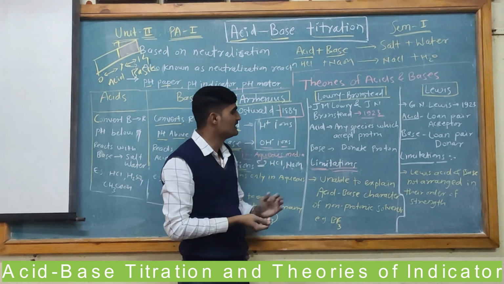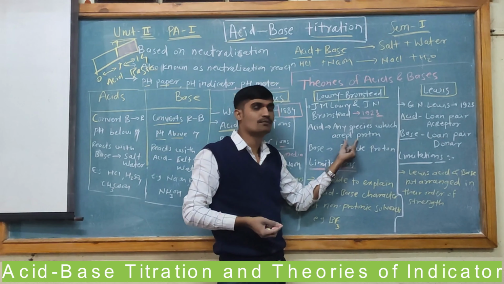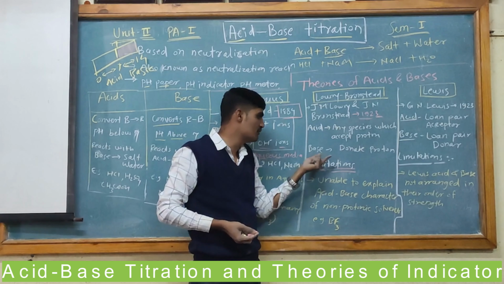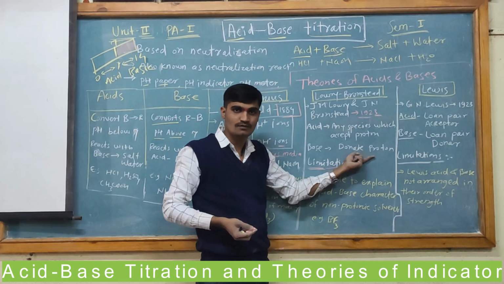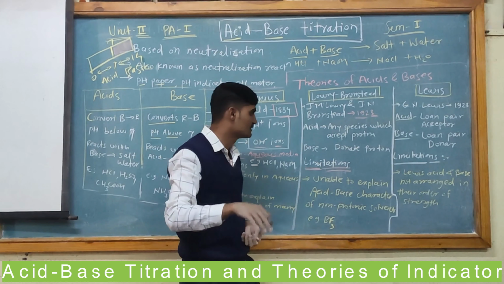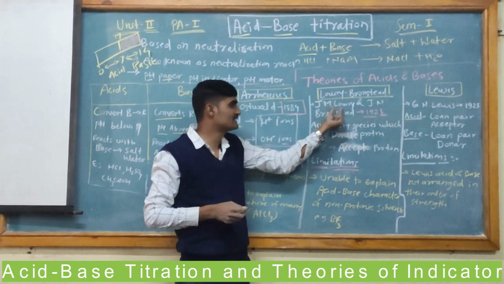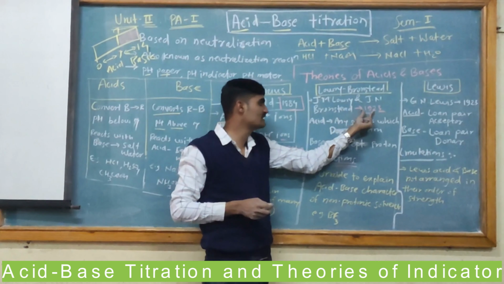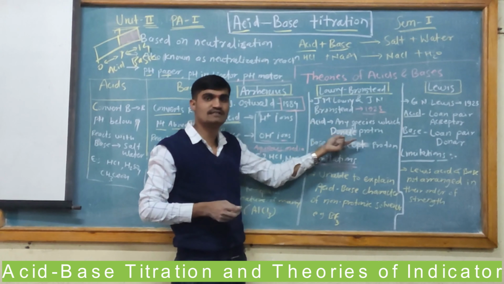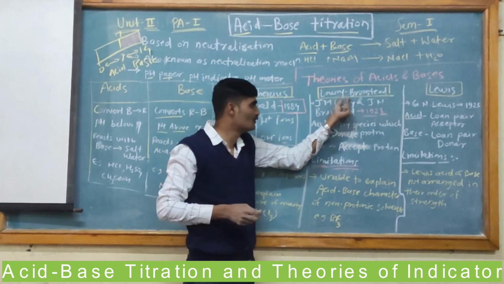According to this theory, acid is any species which can donate a proton, and base is any species which can accept a proton. So it is a simple concept of acid and base by Lowry and Bronsted.